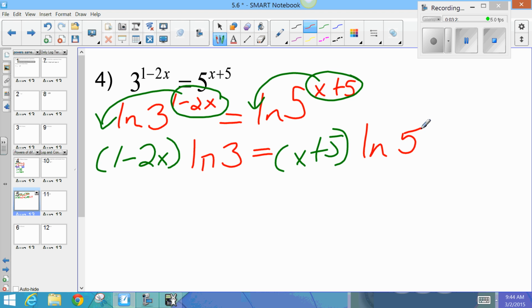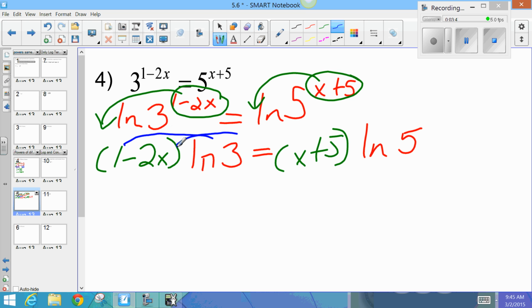I'm trying to get x all by itself. And right now I've got x on both sides of the equal sign. So what I want to do is simplify both sides of the equal sign and then put my x's on one side and everything else on the other. So I'm going to use the distributive property to multiply by both terms.